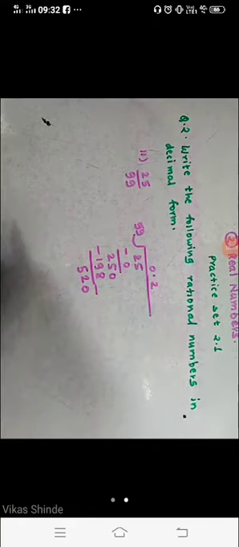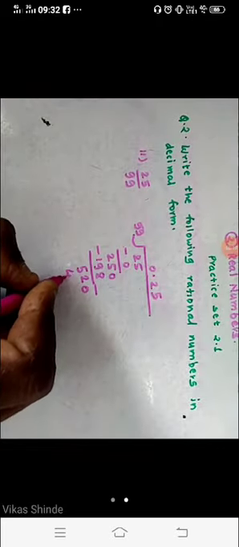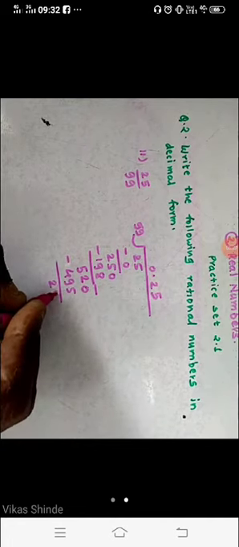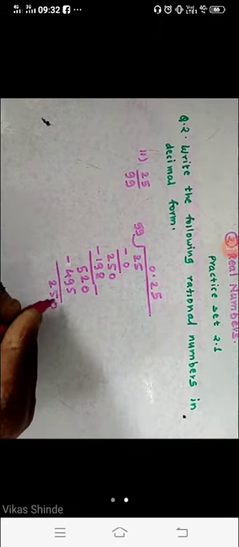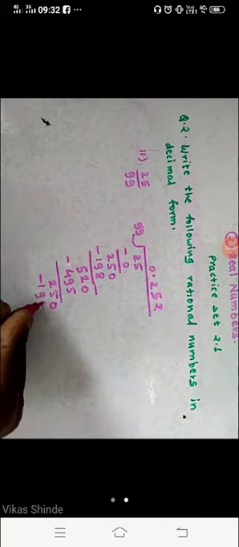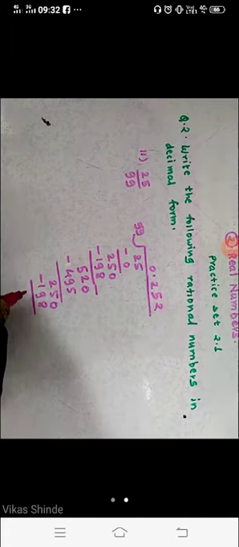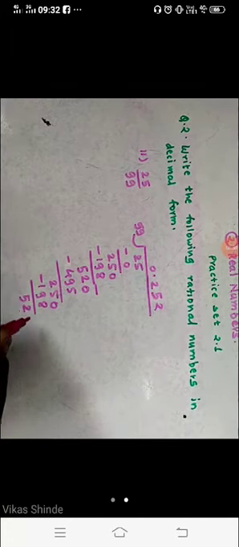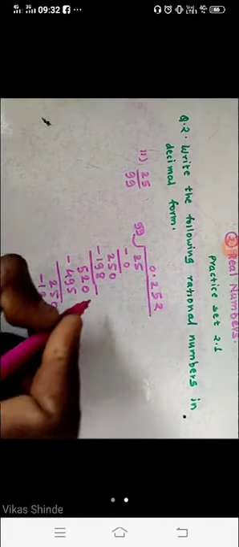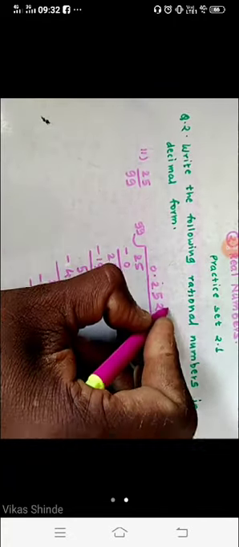Here is 520. 99 fives are 495, student. Subtract these, now 25 is left. Then take another zero. Here is 250 now. 99 twos are 198 once again. Divide, we get 5, and 52 here. If you look carefully, student, here is 198, here is also 198, and here 2 is repeated.